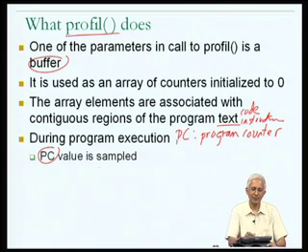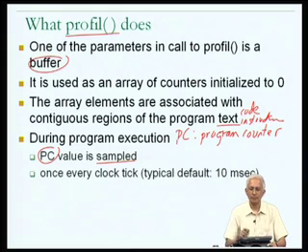What I mean by sampled is that every once in a while the system looks at the current value inside the program counter register. In other words, due to the profile system call, it keeps track of which instruction is currently being executed. And this is done with some period. As I said, it's done every once in a while. In many systems, this is done once every 10 milliseconds.